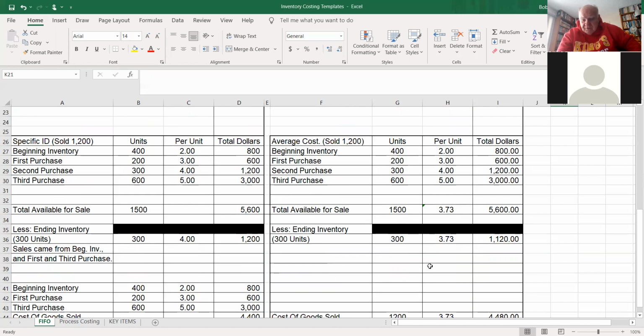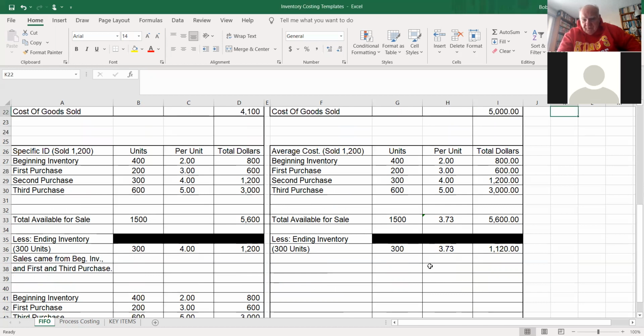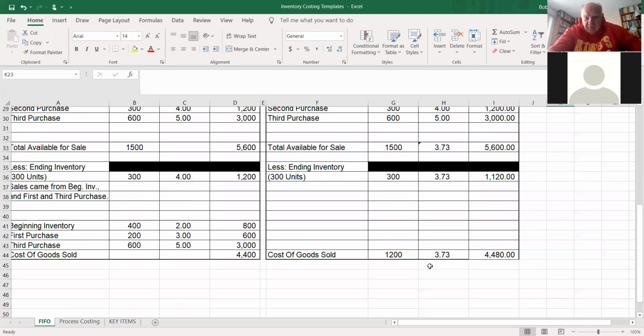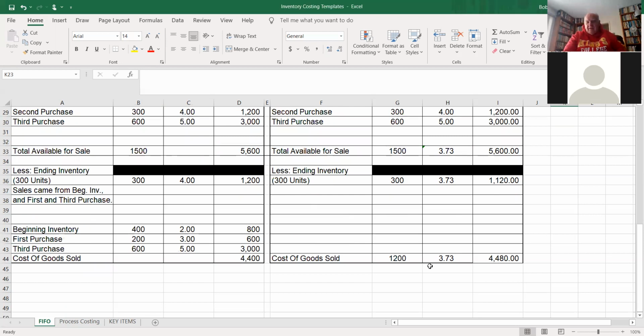So all you do is multiply 3.73 times 300 to get the ending inventory, and 3.73 times 1,200 to get the cost of goods sold. That one's not too bad.